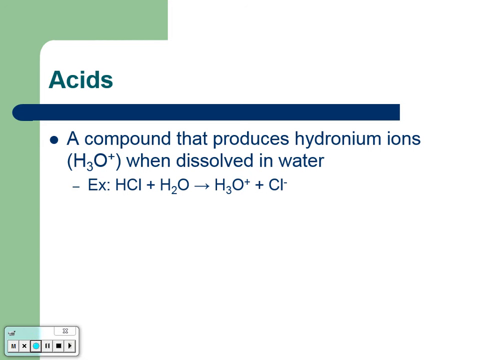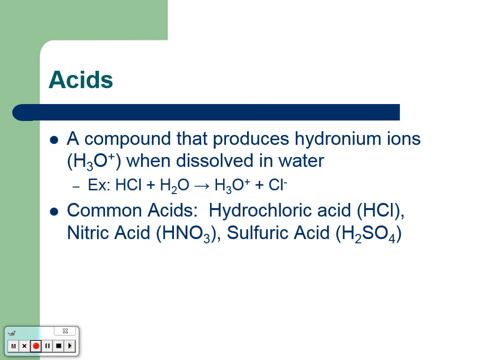Okay? And we'll find that a lot of things do this when we dissolve them in water. One of those hydrogens just sort of plops over and gloms onto the water, and that makes it an acid. Okay? So, some common acids that we deal with here in lab, but also in your house: hydrochloric acid, nitric acid, sulfuric acid.